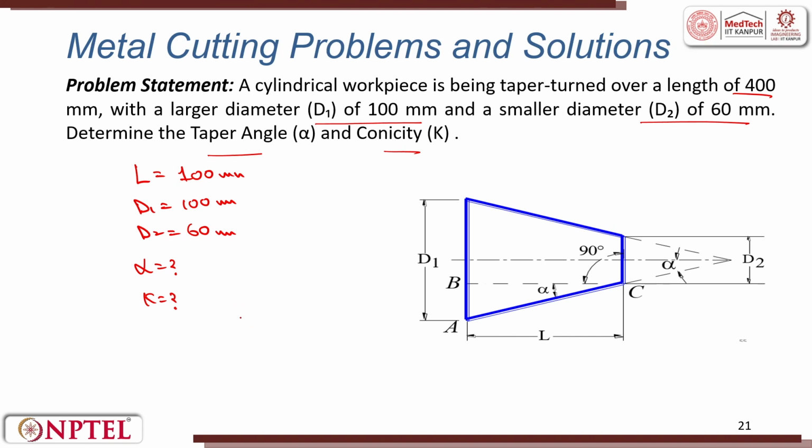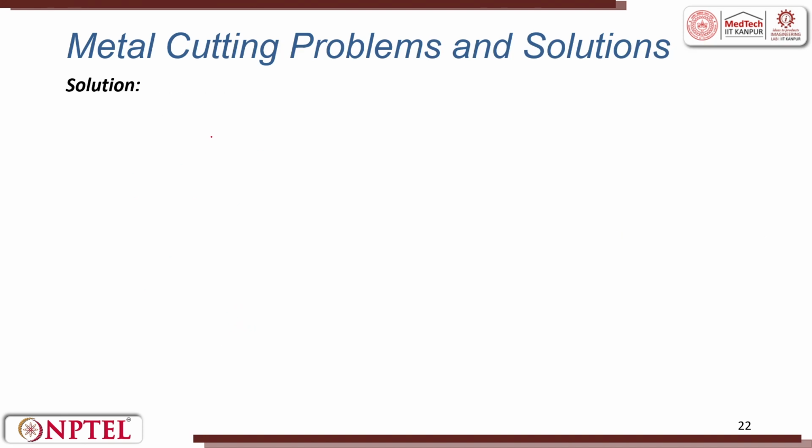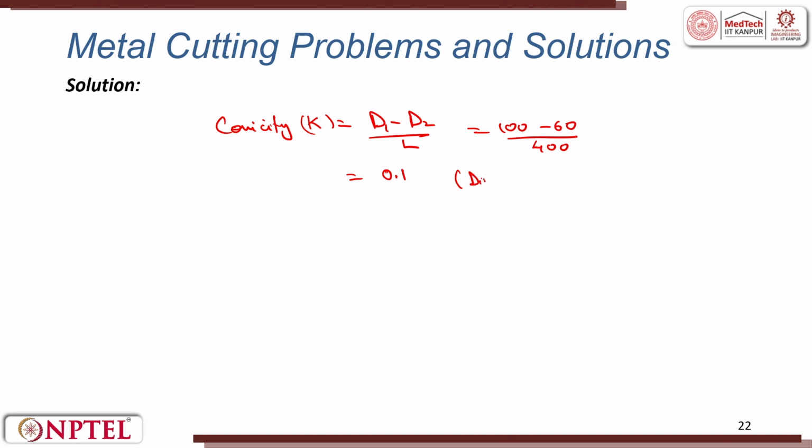So, we know conicity, that is K is equal to D1 minus D2 by L, that is 100 minus 60 by the length of the workpiece. This is equal to 0.1. This is a dimensionless quantity.